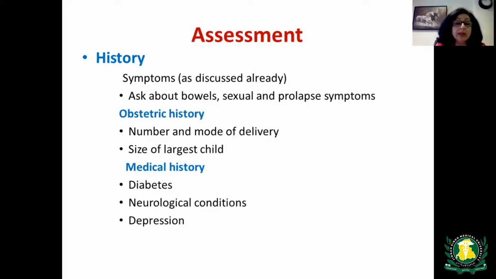In addition to that, medical history is very relevant. Women who have a history of diabetes feel thirsty, drink more and produce more urine. So polydipsia, polyuria, that is very relevant. And then neurological conditions, any problems related to their neurological system, i.e. MS, etc., can cause incontinence problems. And then depression.